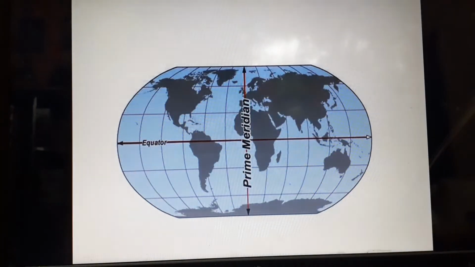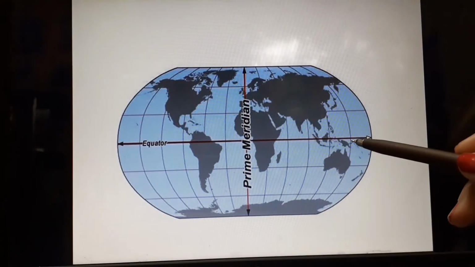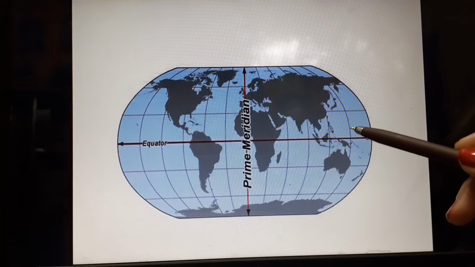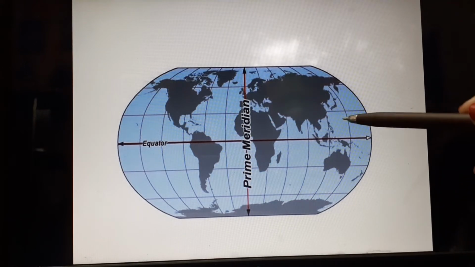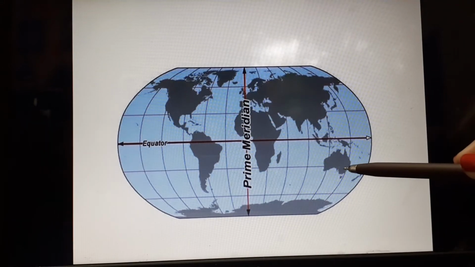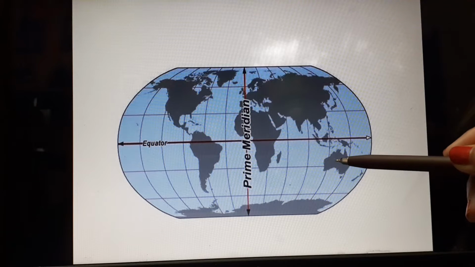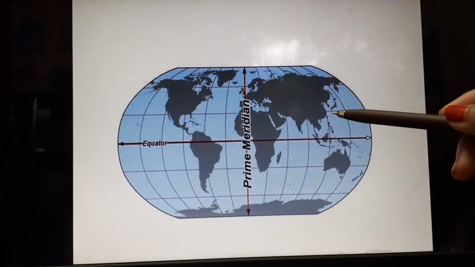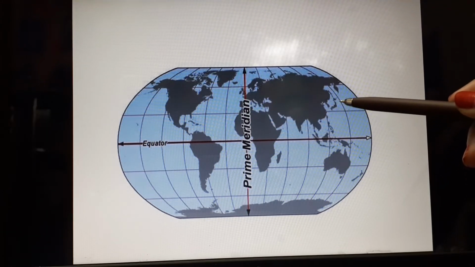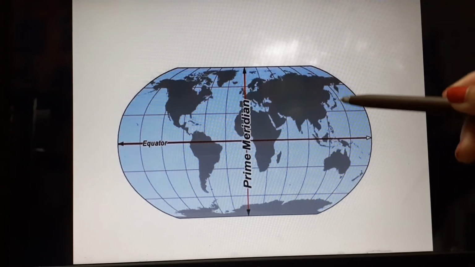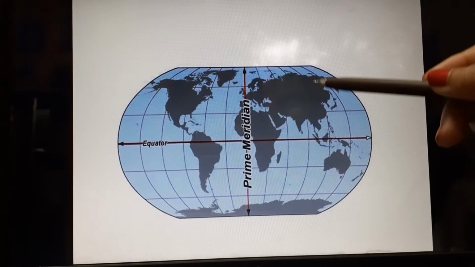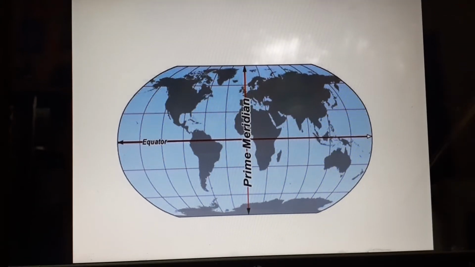The same thing happens. This is the imaginary line which is the equator, and it divides the sphere into two parts, the northern hemisphere and the southern hemisphere. And obviously India is located in the upper part, so it is in the northern hemisphere.